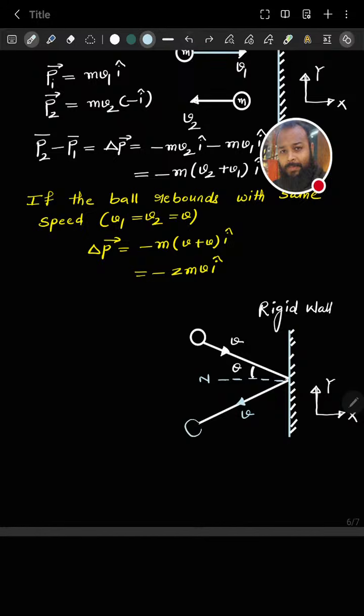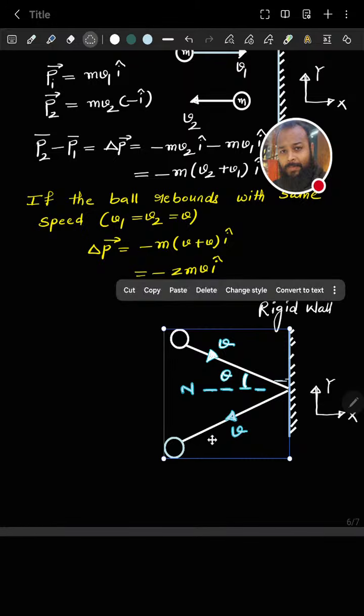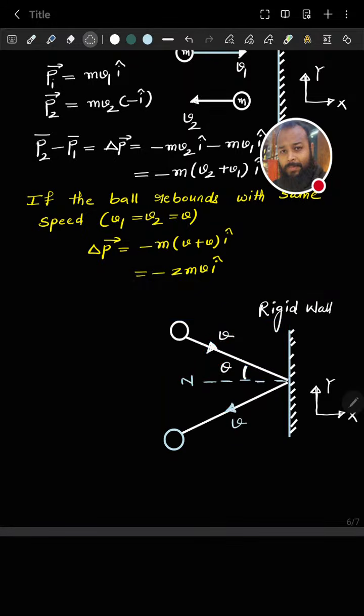So the ball has rebounded. I think we can slightly make them bigger. Very nice, children. So it is rebounding back. Now I want to find out the change in momentum. So what is the change in momentum in this particular case?